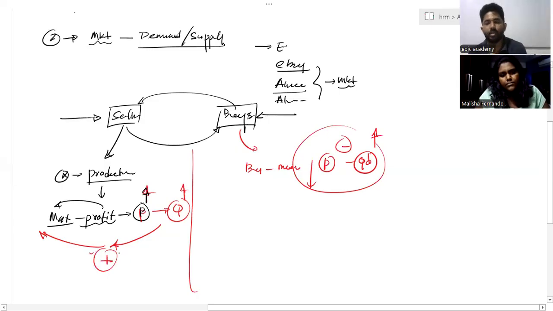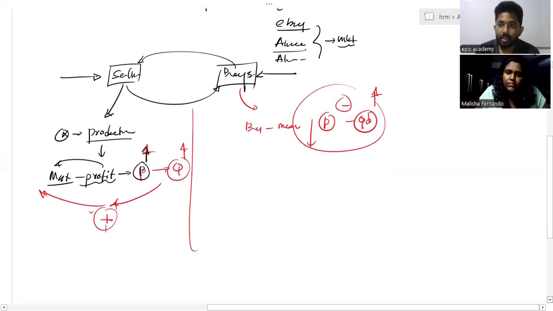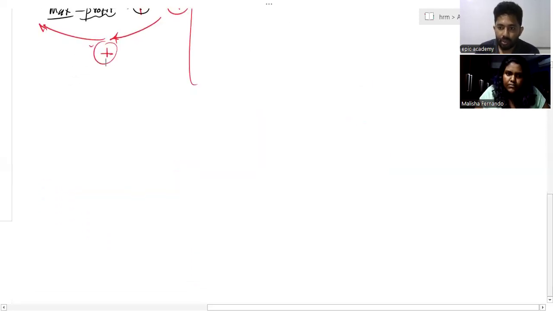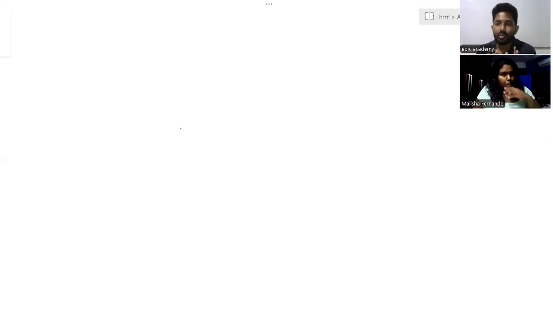Then we have to identify the reasons behind the demand. By using those reasons, we can develop the demand function and demand equation. Those are very important, okay? Because all the calculations begin with that. If you practice those calculations, it is very easy to grab the marks.